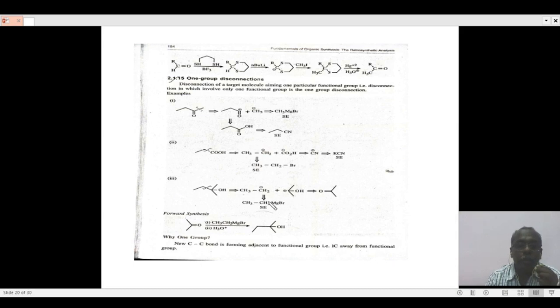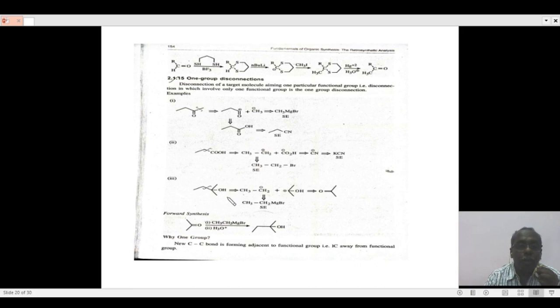The synthetic equivalent of CH3CH2 minus is a Grignard reagent. Then the synthetic equivalent of this positive ion is acetone. When this acetone is treated with the Grignard reagent, followed by hydrolysis, you can get this tertiary alcohol.